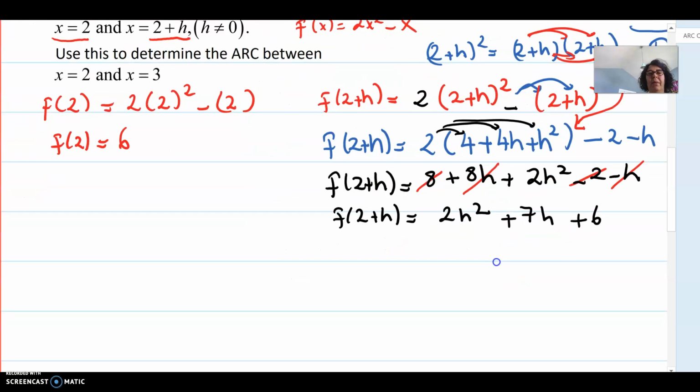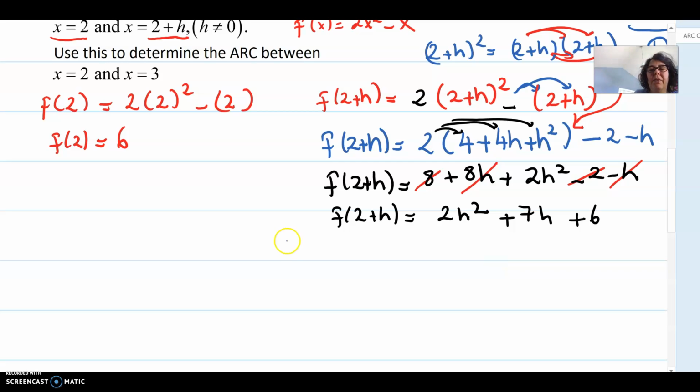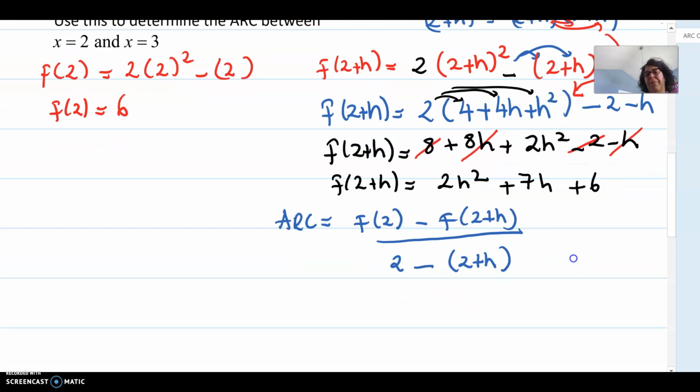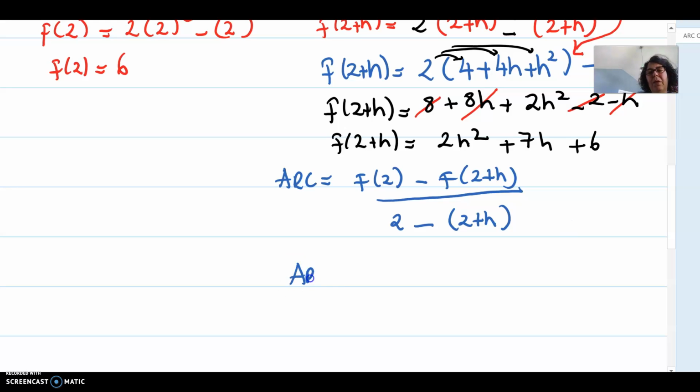Okay, now let's think about what will be the average rate of change. Average rate of change will be f of 2 minus f of 2 plus h all over, because I have written 2 here as an x value, that should come first, minus the other x value. Now I'm going to put everything together there.